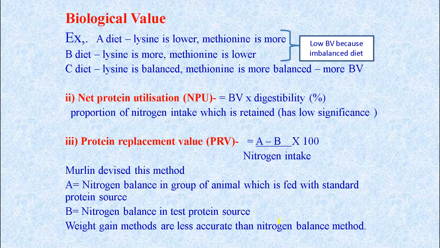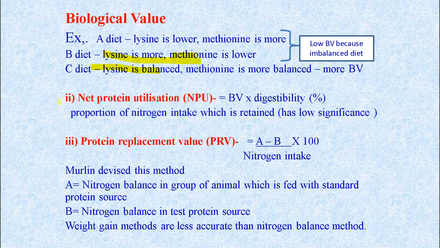So the biological value of a protein is low because of imbalanced feed. If it is not properly done, then deficiency of lysine is always one of the criteria, and sometimes methionine can also be deficient.